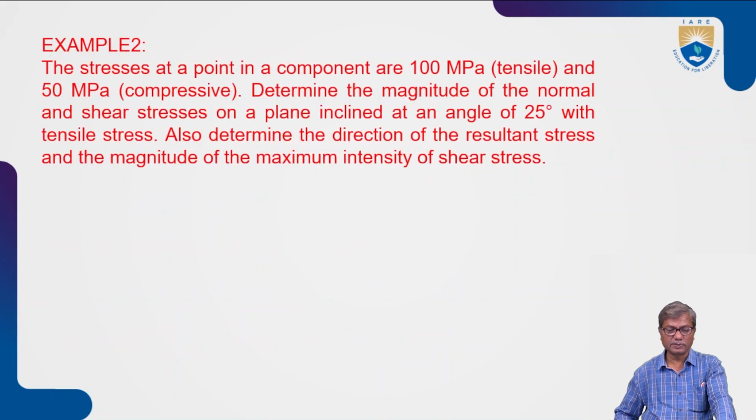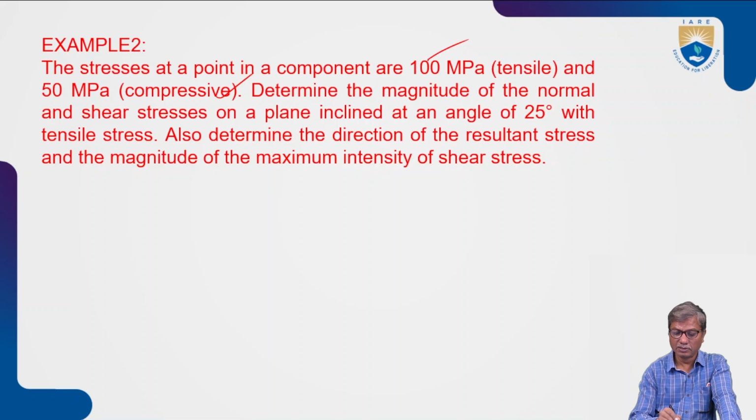another example we'll see. The stresses at a point in a member are 100 Newton per mm square tensile and 50 Newton per mm square compressive. One of the stresses is compressive.